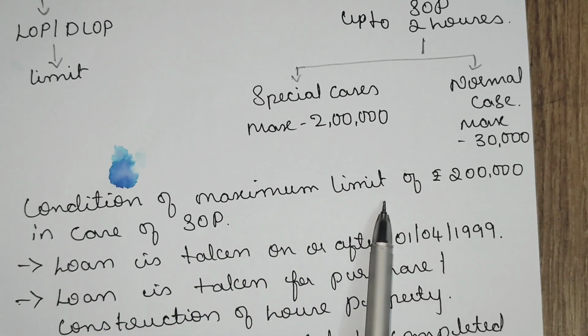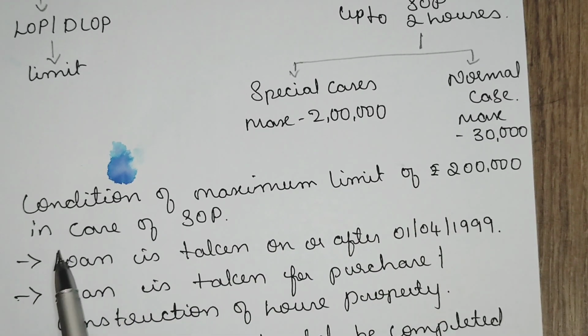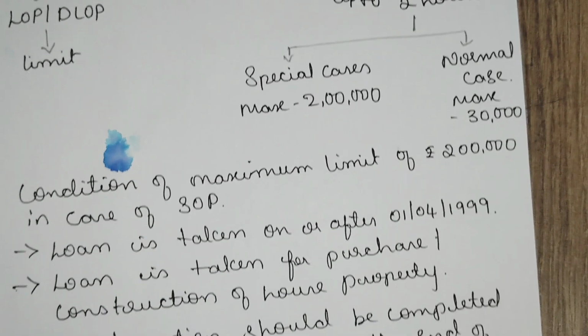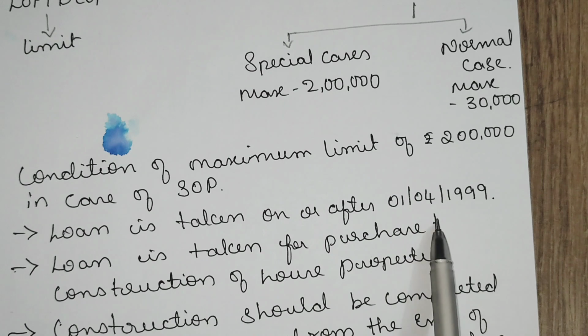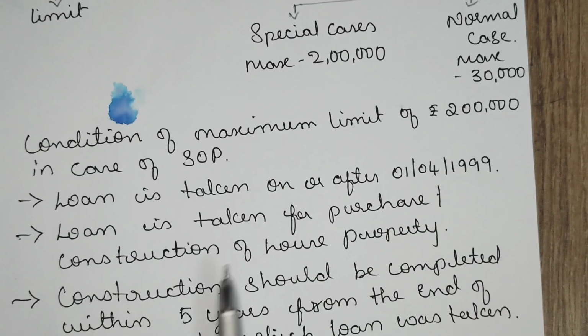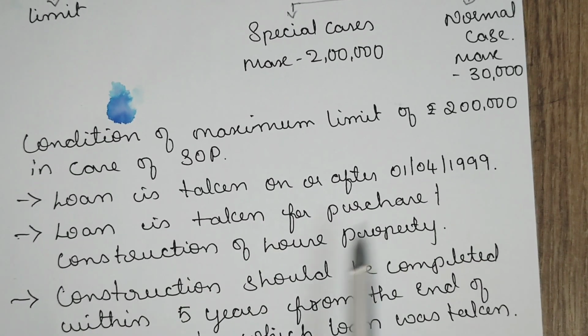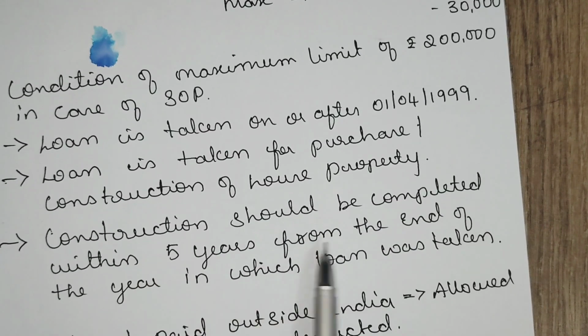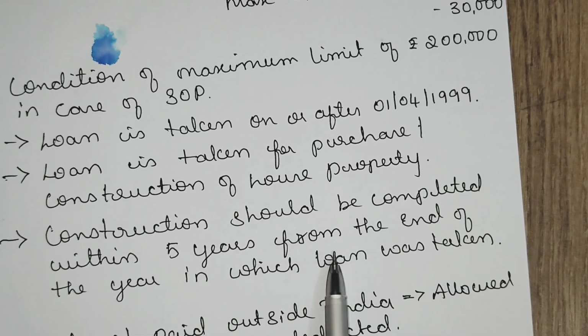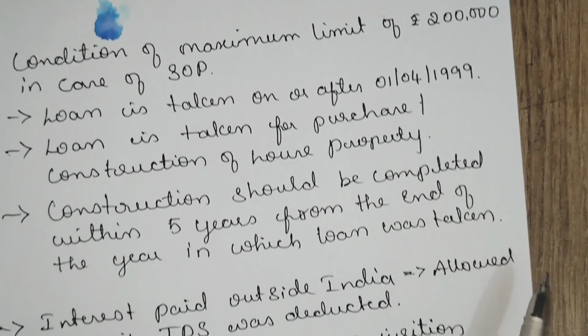Conditions for the maximum limit of rupees 2 lakh in case of self-occupied property: the loan is taken on or after 1st April 1999. The loan is taken for purchase or construction of house property. Construction should be completed within 5 years from the end of the year in which the loan was taken.